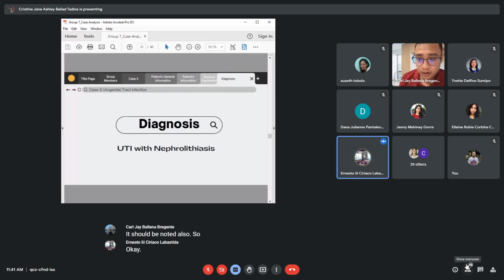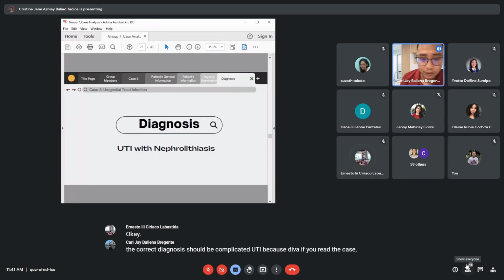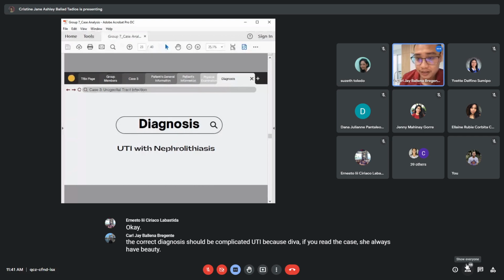The correct diagnosis should be complicated UTI because if you read the case, she always has UTI, recurrent UTI. So complicated UTI with right nephrolithiasis.